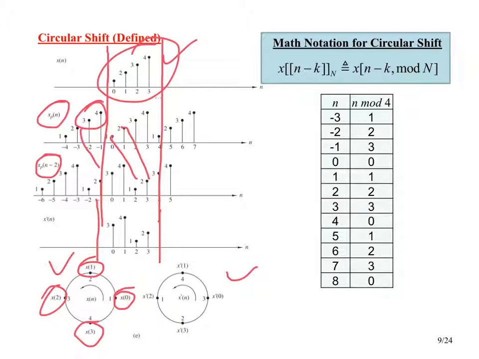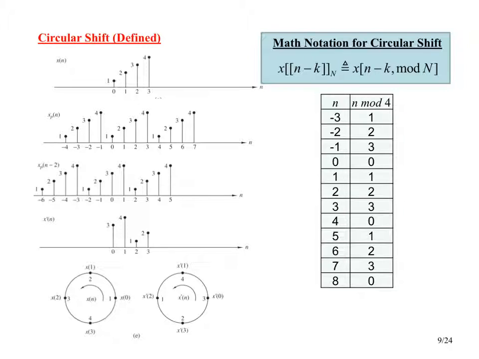So if we are circularly shifting this by 2, like we did up here, we would be shifting the 3 element in. So this gets shifted all the way over to there, and you can see that the 3 now resides there. You can just barely make it out. This is an x tilde that we're talking about here. And so that's one way to visualize this idea of a circular shift.